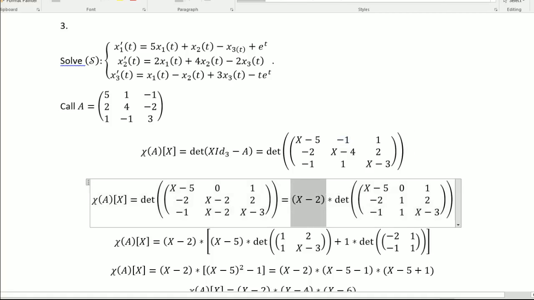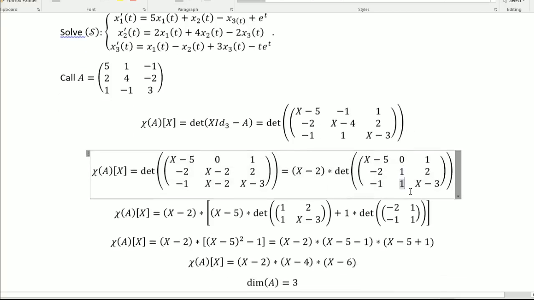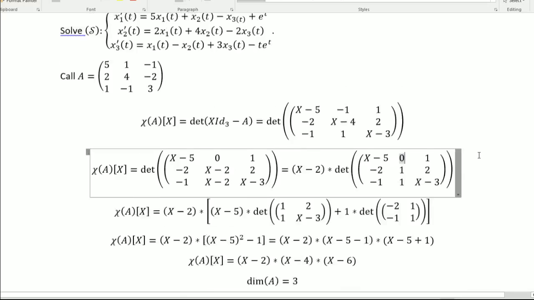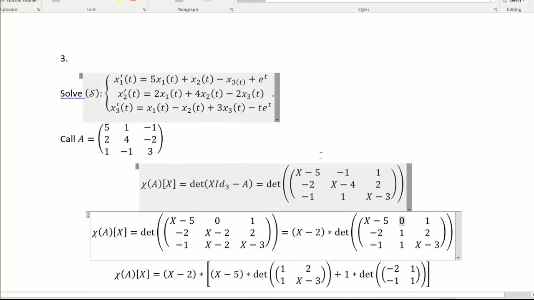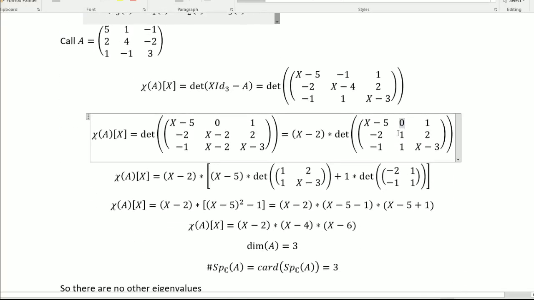So I factorize x minus 2, and so I get 1 and 1 here and a 0 here. Actually I took that problem from a book that I haven't solved myself, so I don't know if you can factorize it more. So I just left it like this and used development by the first line.